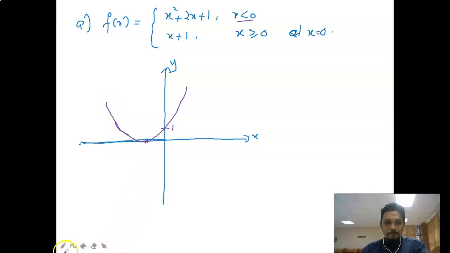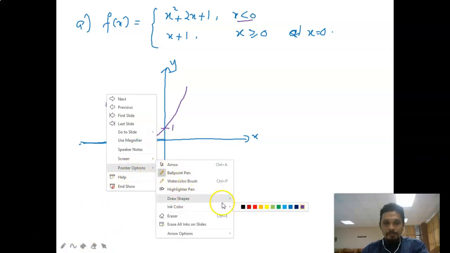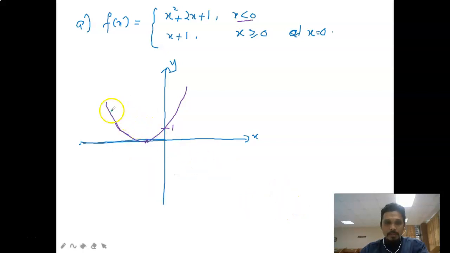So then, okay, it only ends up here. Okay, so what we are going to do next is erase the rest of the graph, drawn in blue or purple color.